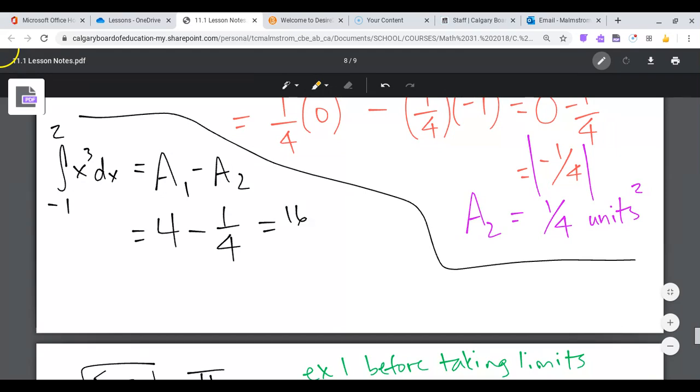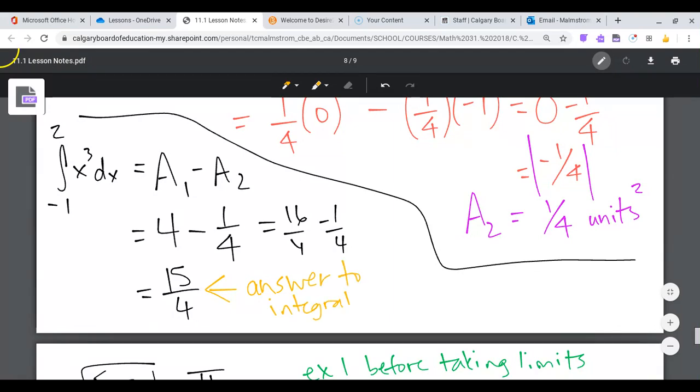So 16 on 4 minus 1/4 gives me the answer of 15 on 4. It's not going to be units squared this time because this is the answer to the integral, which was the same as we got with our sigma notation.